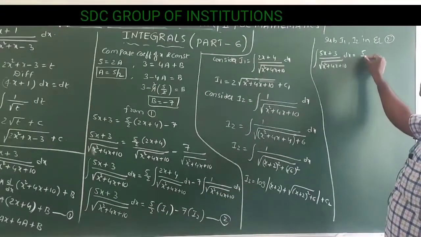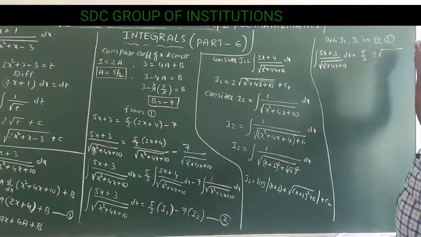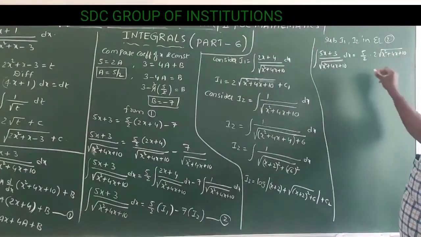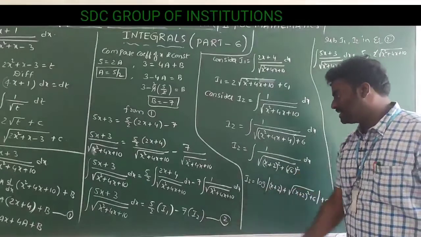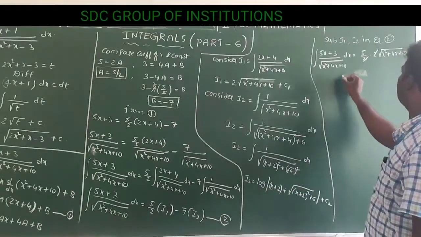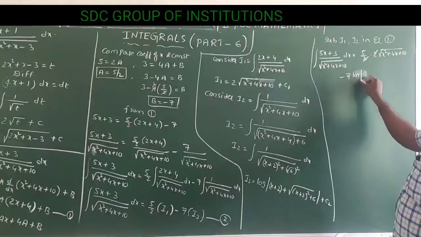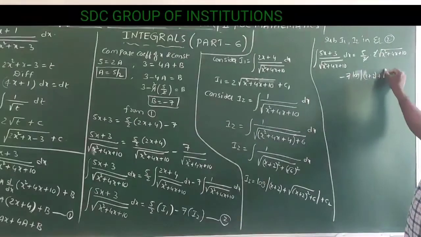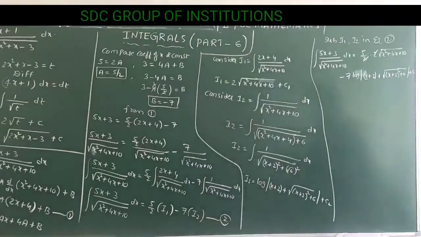Then 5 by 2 into I1 is nothing but 2 root x square plus 4x plus 10, here 2 gets cancelled. Next, 7 in minus 7 into I2. Minus 7 into I2, just now we got log mod x plus 2 plus under root of x plus 2 whole square plus 6. So in place of C1 and C2 I can take constant C.